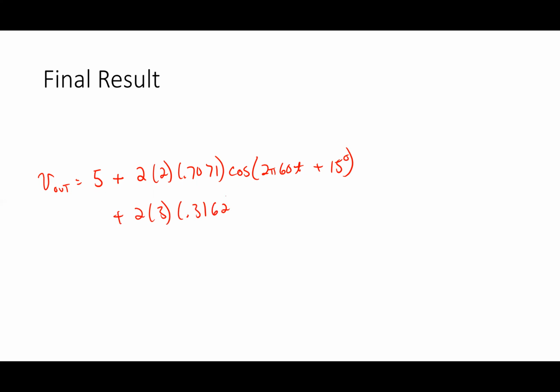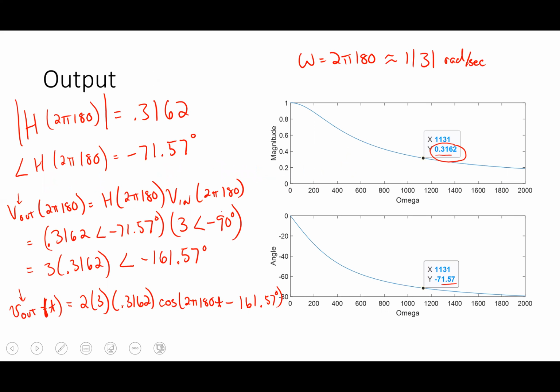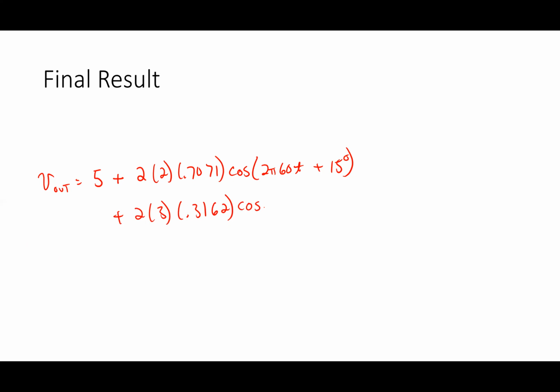So what it says is my output is going to be 5 plus 2 times 0.7071 cosine 2 pi 60t plus 15 degrees, plus 2 times 3 times 0.3162 times cosine 2 pi 180t minus 161.57 degrees.